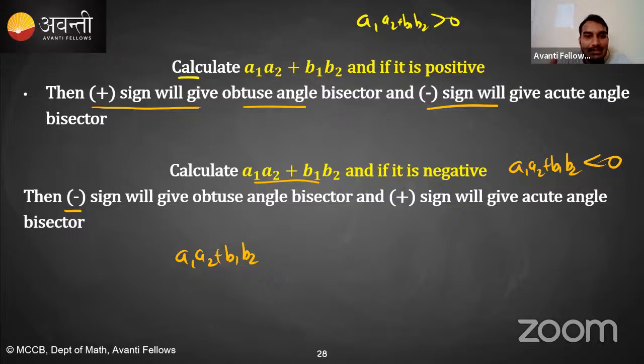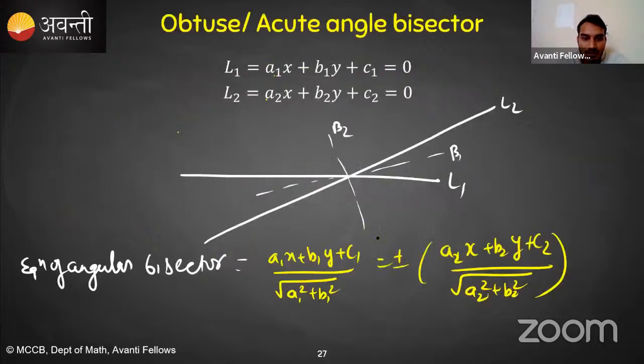If it is positive, then with whatever sign a1 a2 plus b1 b2 has, with that sign you will get the equation of the obtuse angle bisector. देखो a1 a2 plus b1 b2 पॉजिटिव था, so with the positive sign I was getting the obtuse angle bisector. If a1 a2 plus b1 b2 negative था, then with the negative sign I am getting the obtuse angle bisector. What does this mean? It means now plus or minus choose करना अब पता लग गया which sign I have to take, plus or minus.